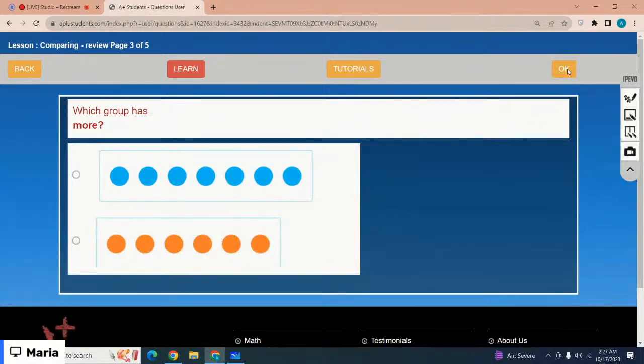Okay, which group has more? Blue or orange? Which is the correct option?